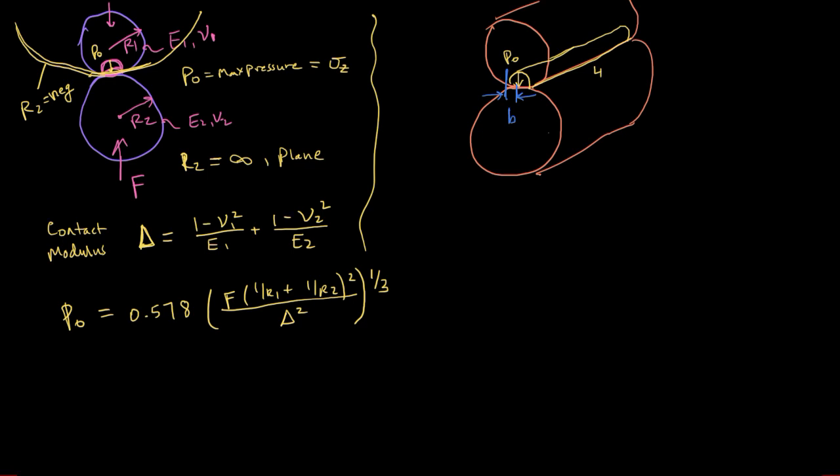And this is our max contact pressure, P naught, and it's also equal to our stress in the z direction.